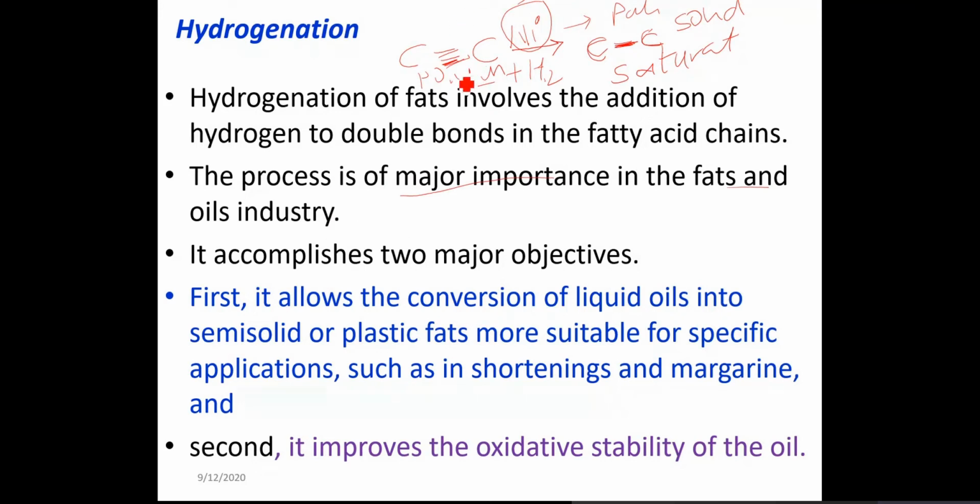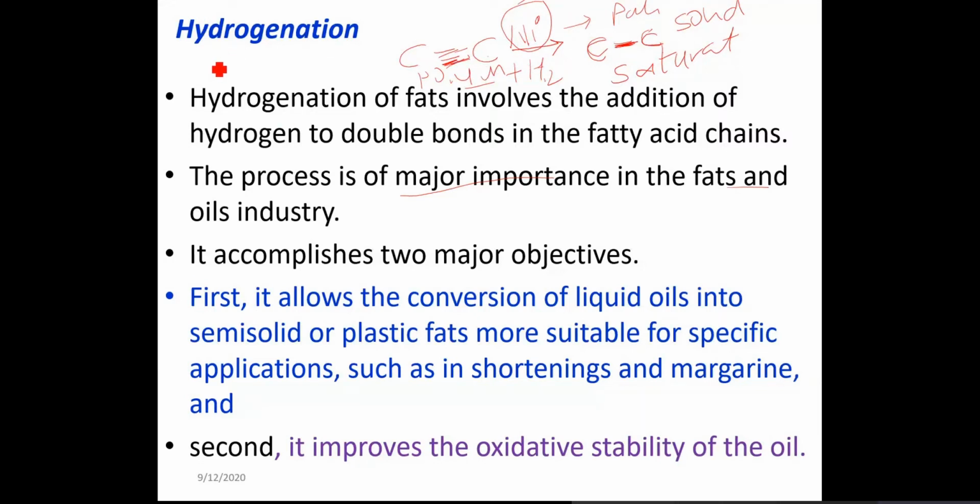Why? Because the moment you have more double bonds in the oil or fat, it is going to decrease its shelf stability. So to improve the shelf life, the carbon-carbon double bonds are converted into carbon-carbon single bonds by addition of hydrogen to an unsaturated fatty acid.